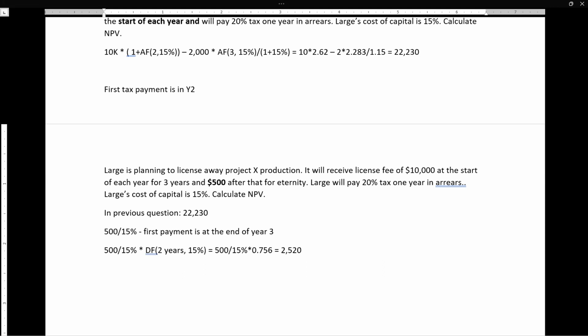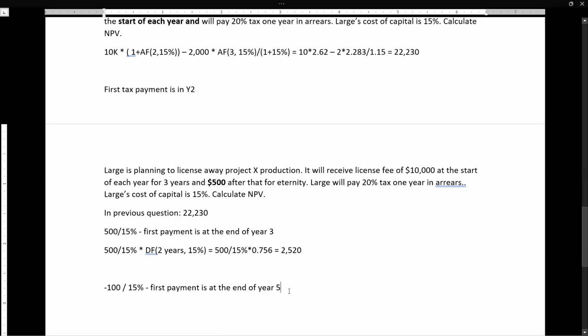But we will also have to pay tax. So tax is 20%. So this means that tax outflow is minus 100. We're going to divide it by 15% because it is paid in perpetuity. And now it means that the first cash outflow is going to start at the end of year 5, actually. Why?